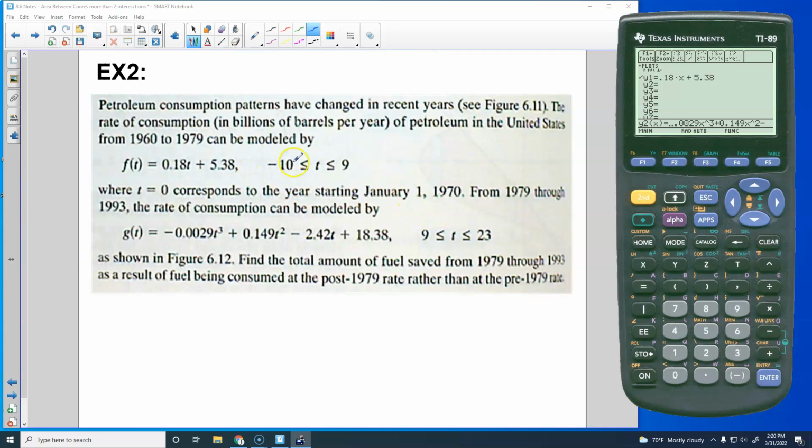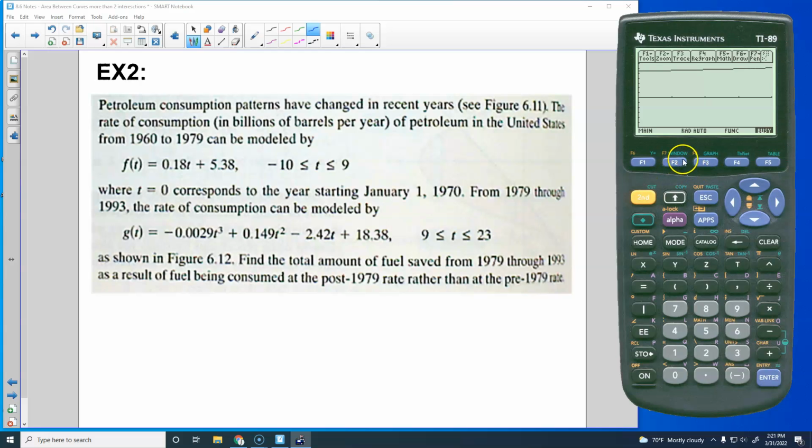So we want to go from -10 to 23. Oh wait, I need an X right there. Okay, that's what my window looks like. Oh, not good.